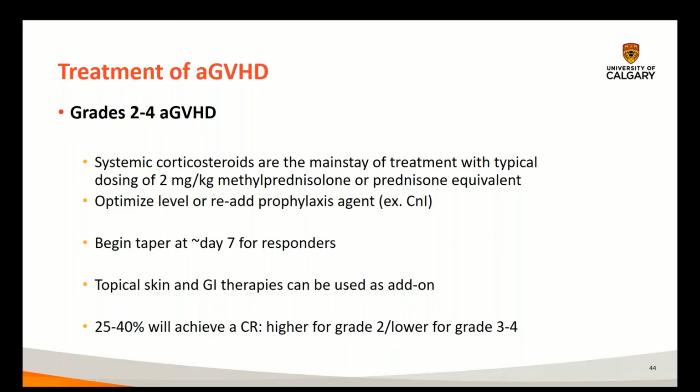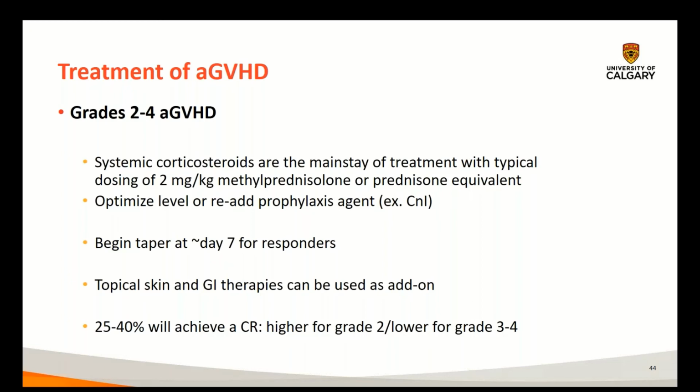For more typical grades 2 to 4 acute graft versus host disease, systemic corticosteroids are really the mainstay of treatment. Finding the right dose of corticosteroids is kind of like Goldilocks. So doses as high as 10 to 20 milligram per kilogram of corticosteroids have been tried, and doses as low as 1 milligram per kilogram as well have been tried.